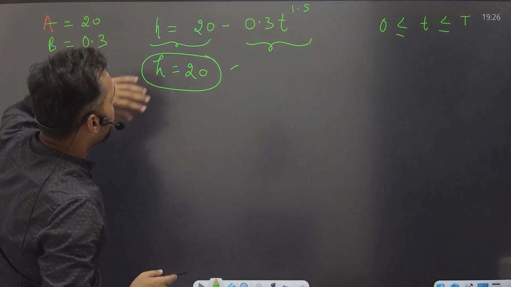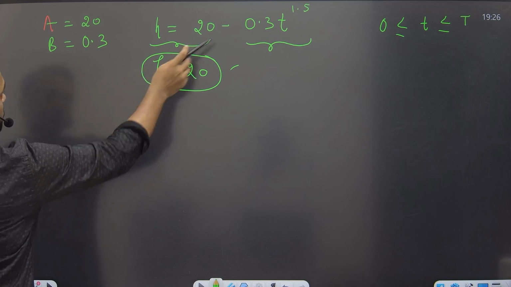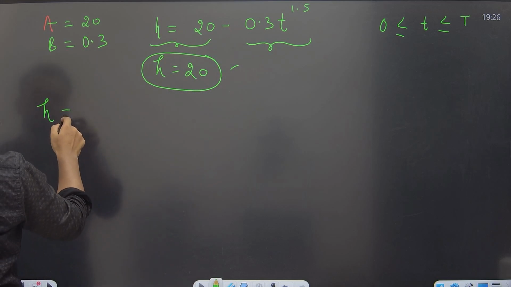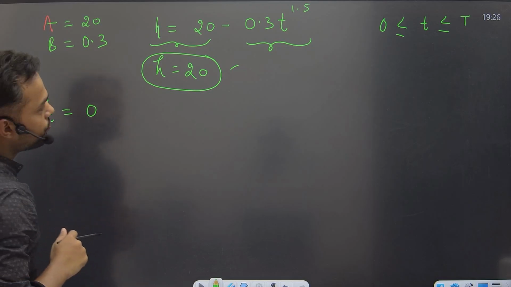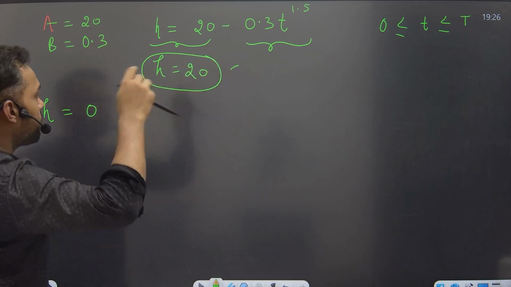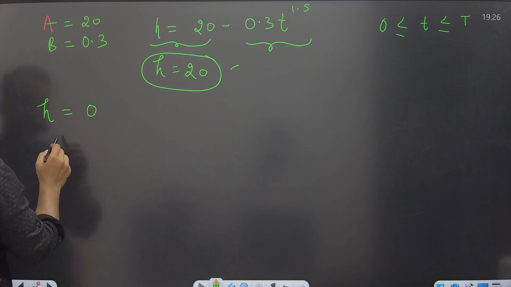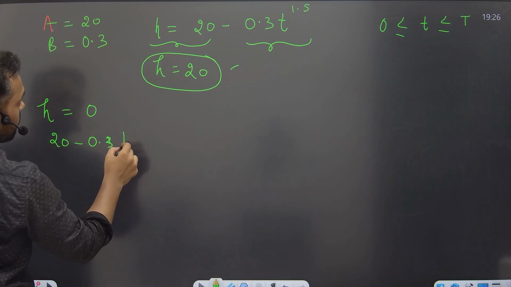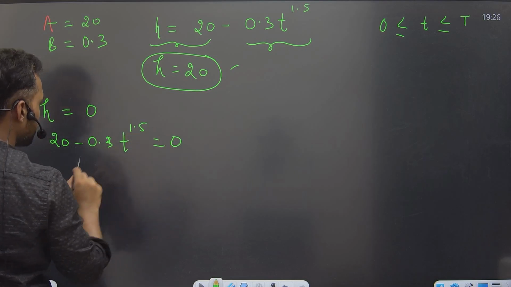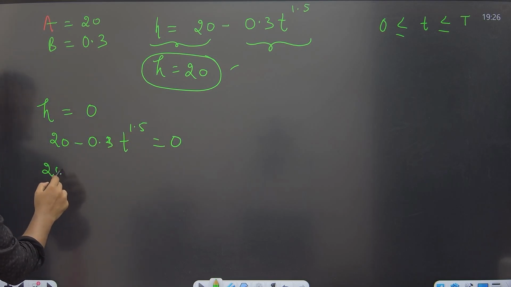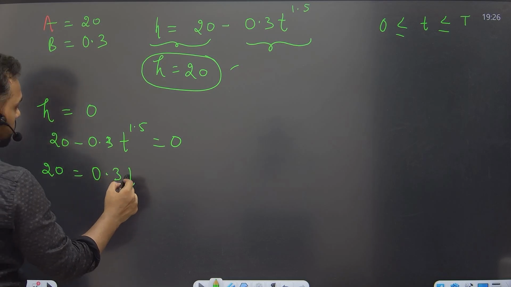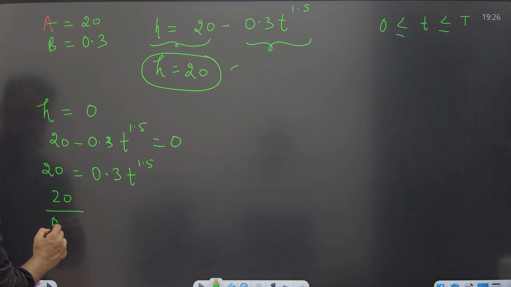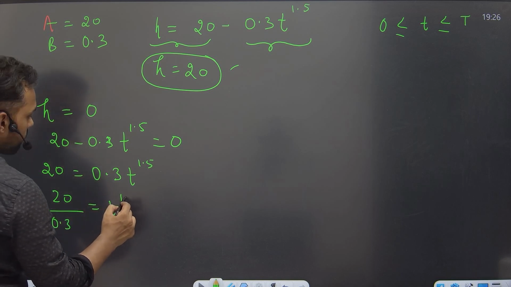See here, h was given as this particular equation which we have found out. So h will be 0. If we plug in the value of h equals 0 to find the maximum value of t which could be possible, then 20 minus 0.3 t to the power 1.5 will be equal to 0, students. So from here you can say 20 is equal to 0.3 t to the power 1.5.